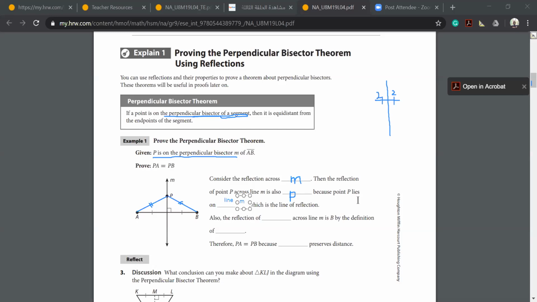So, till now: consider the reflection across M. Then the reflection of point P is also P, because point P lies on line M, which is the line of reflection.